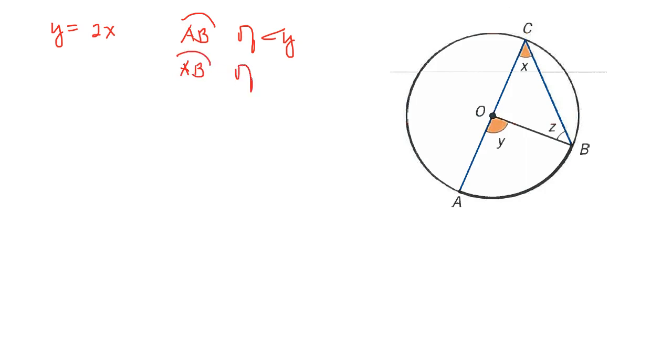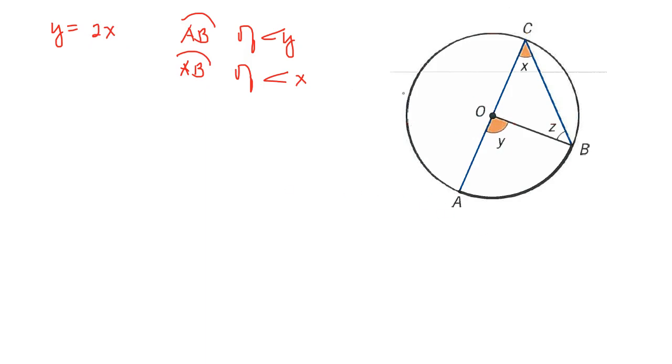The arc AB is also the arc of the subtended angle x. According to theorem number 3, y is equal to 2x. It is double.